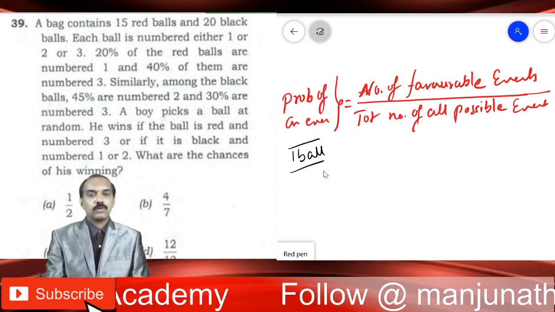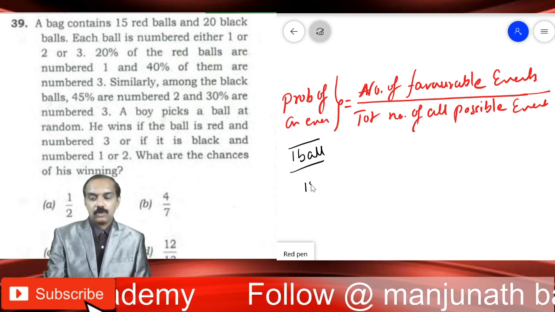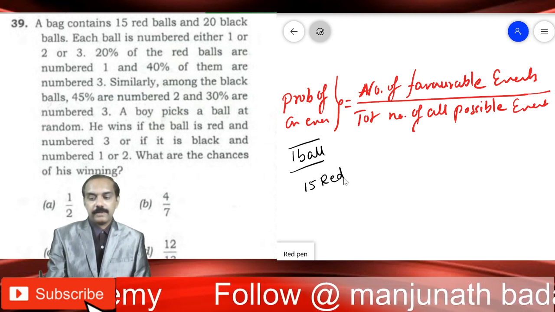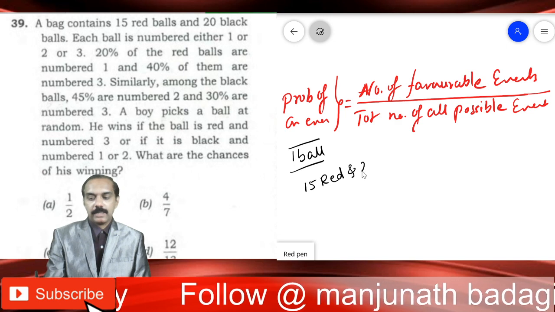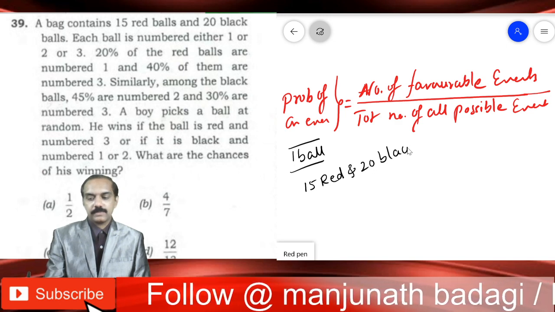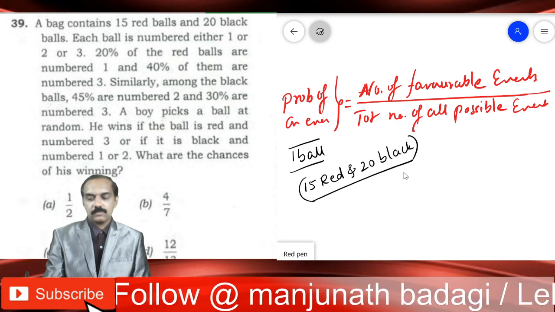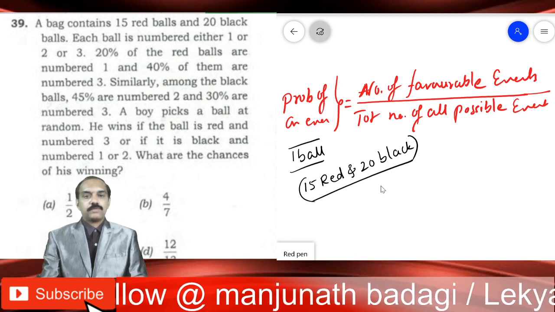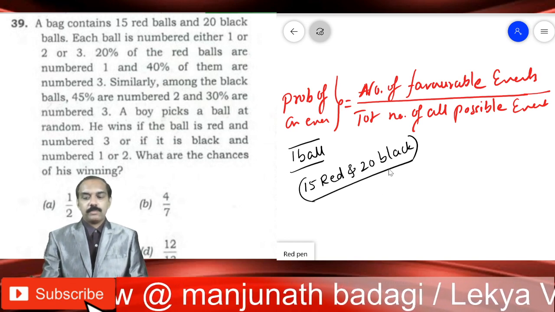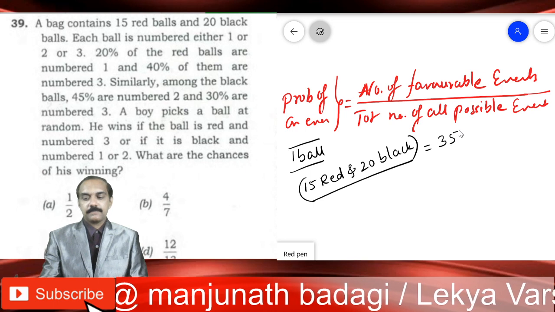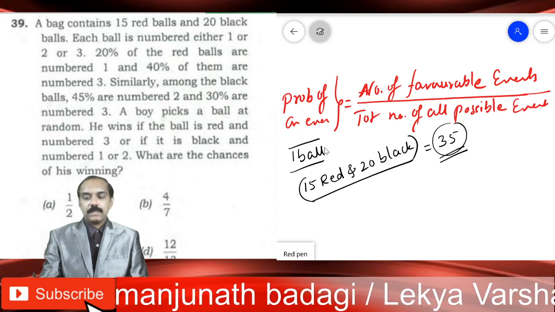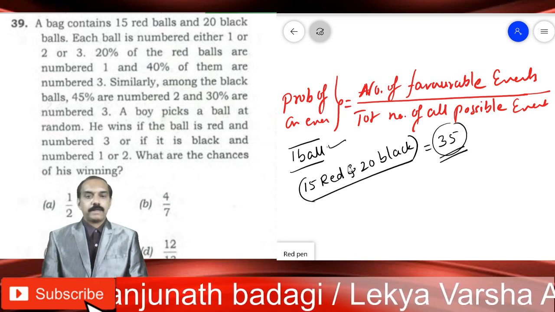A boy is picking only one ball from how many? 15 red and 20 black. It is given in the beginning itself. The bag contains 15 red and 20 black. Total number of balls, how many are there? 35 balls are there, and he is picking one ball at random.